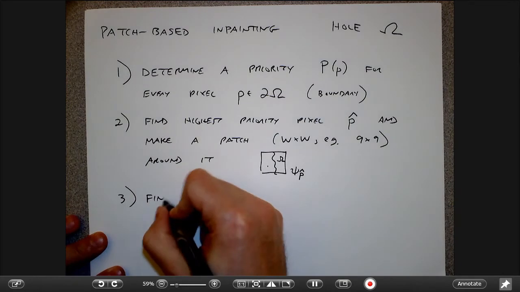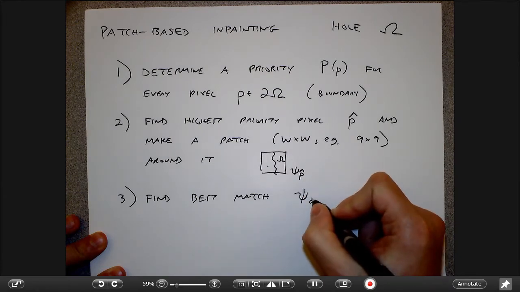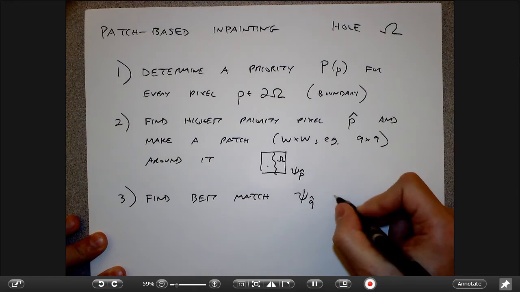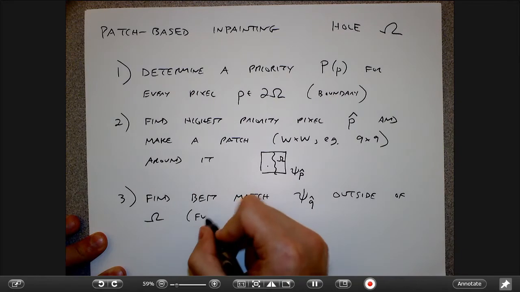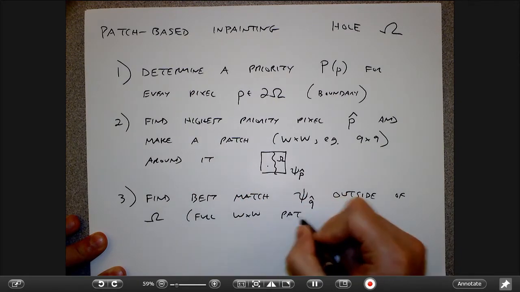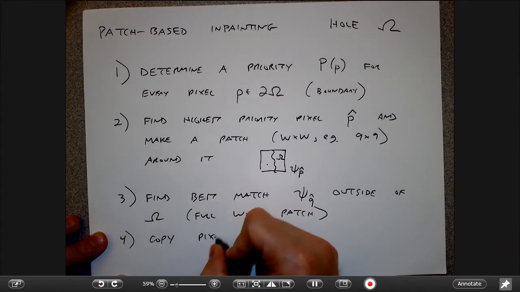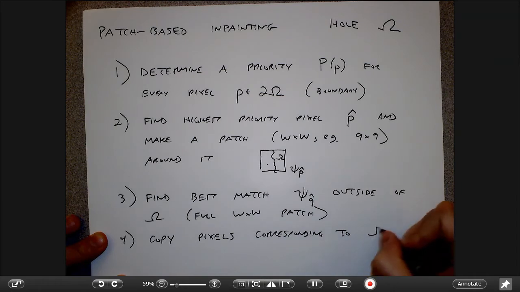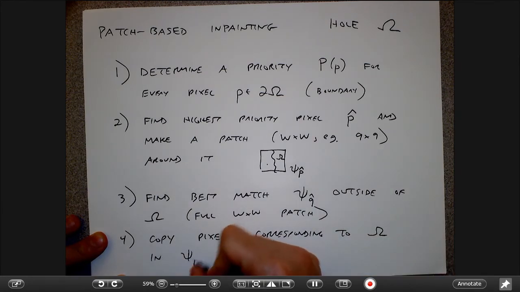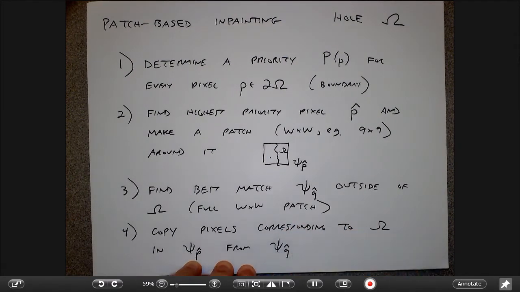And then I can find the best match psi sub q hat outside of Omega, basically a full W by W patch, and then I basically copy the pixels corresponding to the hole in the patch on the boundary from the patch that I found that matches up the best, right?